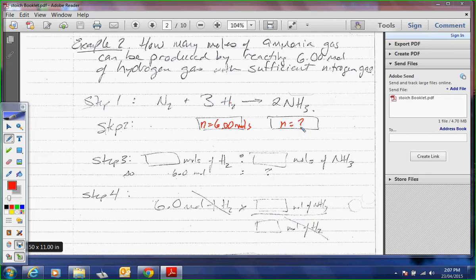Mrs. Reese-Brown really wants to see that you understand to pull the big numbers out of the balancing. So step 3 is about that. How many moles of hydrogen make how many moles of ammonia, according to the balanced reaction? 3 moles make 2 moles.